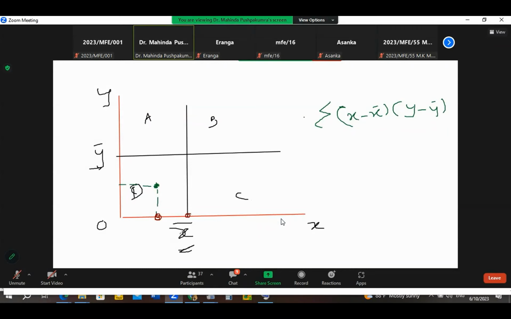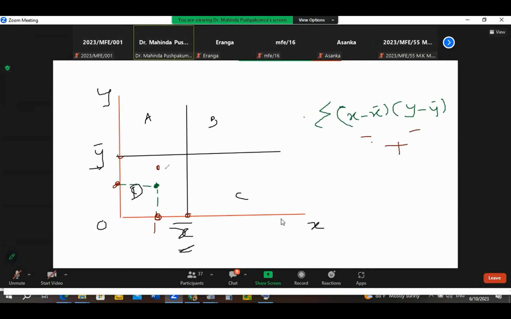X is here, so x minus x bar should be minus. Y minus y bar, y is here, y bar is here, then it is also minus. Then minus into minus is plus.